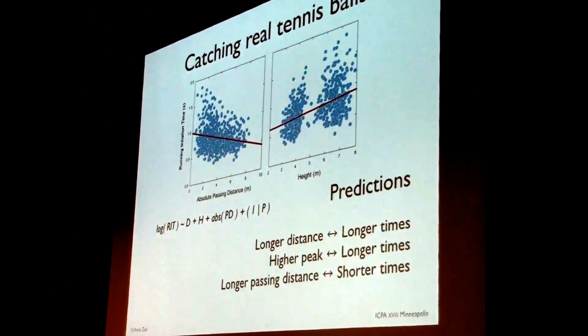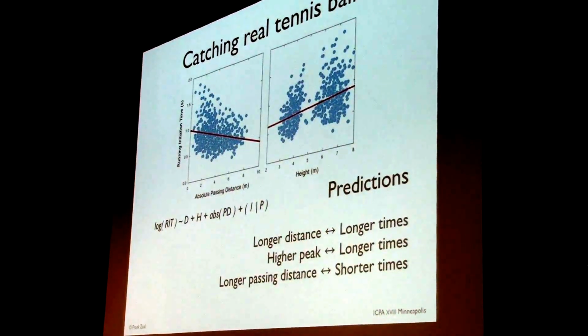And this is our data, so this is all individual trials. We don't do averages across many repetitions of a trial because they are all over the place. And these are the two factors that came out significantly from this model. So the height of the ball: if a ball flies a higher path, then you start running later.